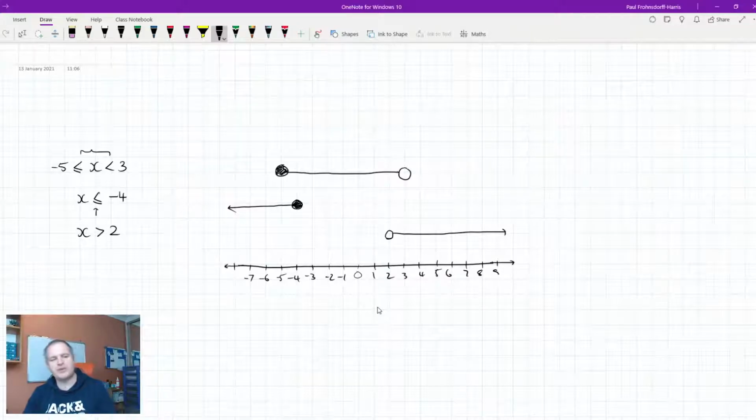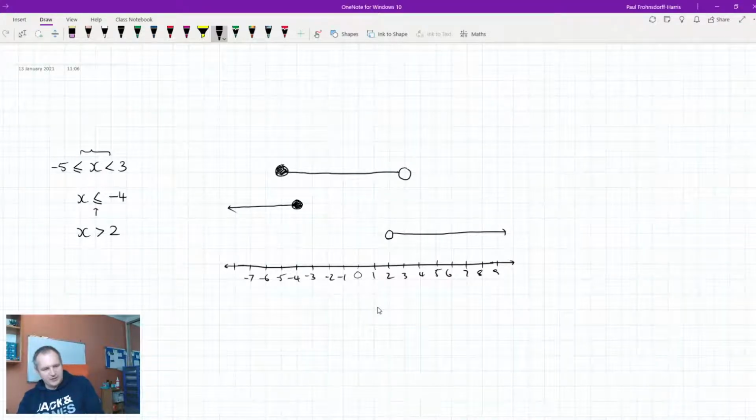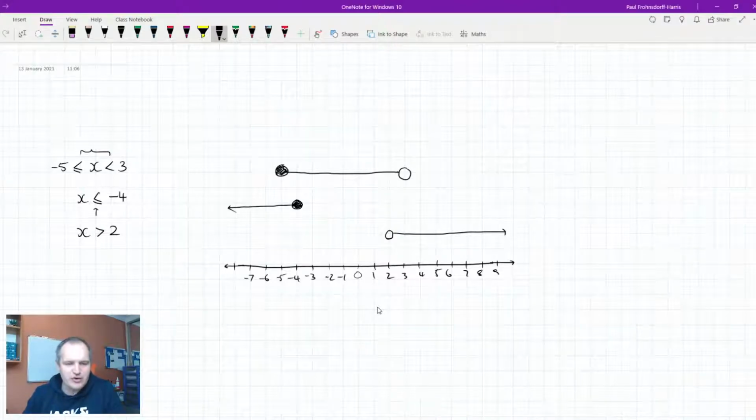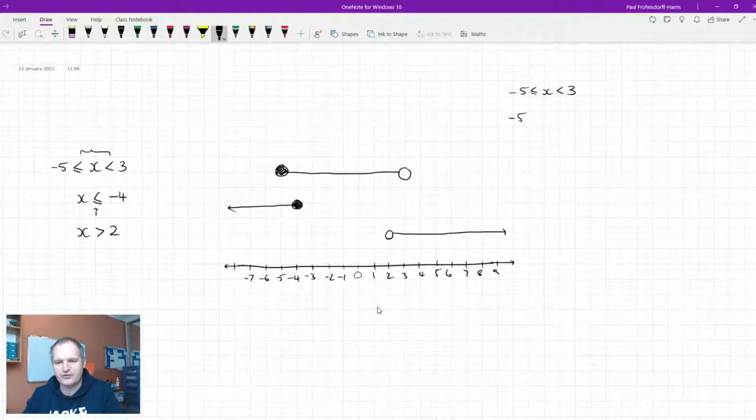Because if x is between 3 and minus 5, and it can be or equal to minus 5, then we write it like this. And then you might get someone come along and say, excuse me, what numbers does this represent? And you say, oh, well, thank you for asking. We look at our thing and we go, it does include minus 5, minus 4, minus 3, minus 2, minus 1, 0, 1, 2, but it doesn't include 3.